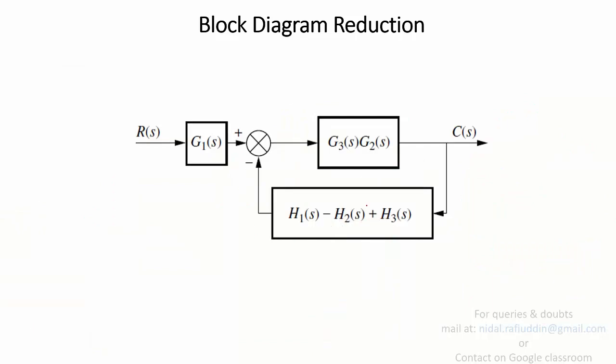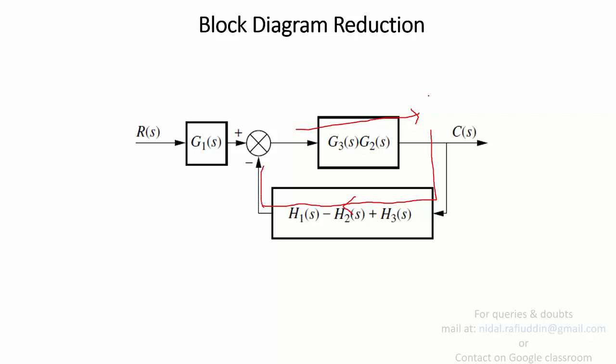Now again, if you look at this particular arrangement, you see that you have a gain in the forward path. This is the forward path, and the output of this block is fed to this block in reverse direction, or in feedback fashion, and this is fed to the comparator.